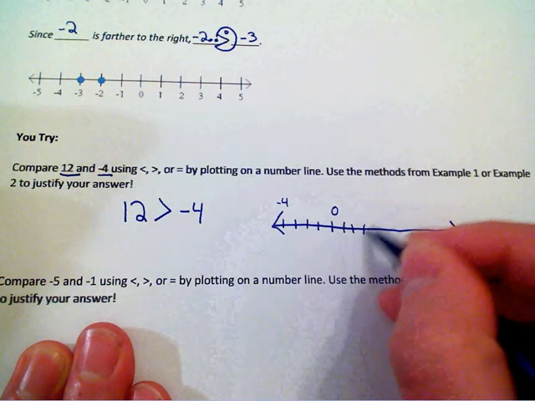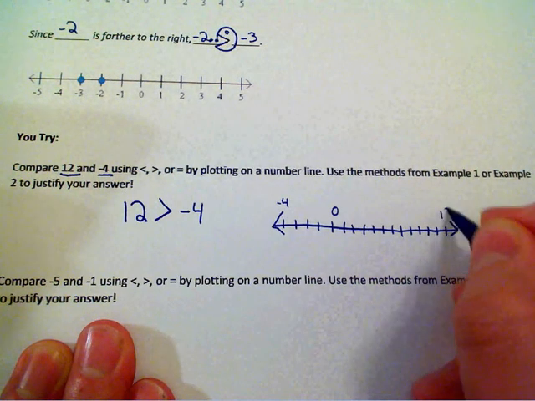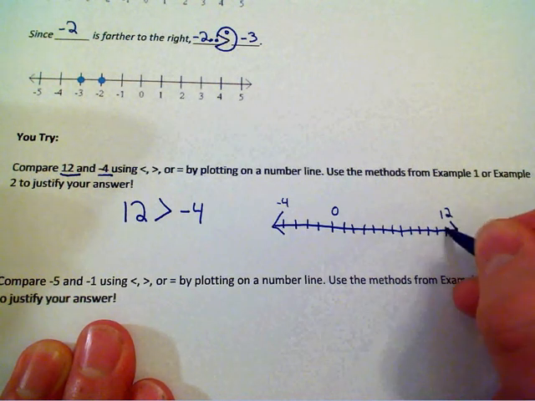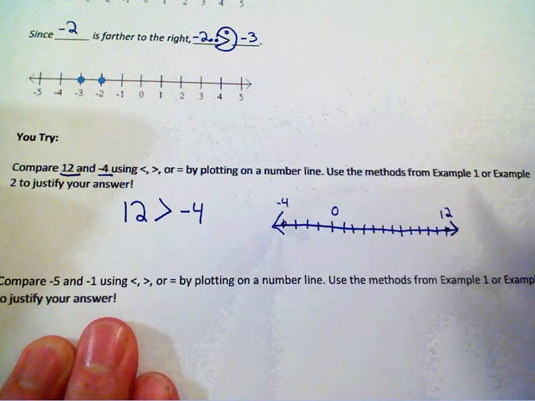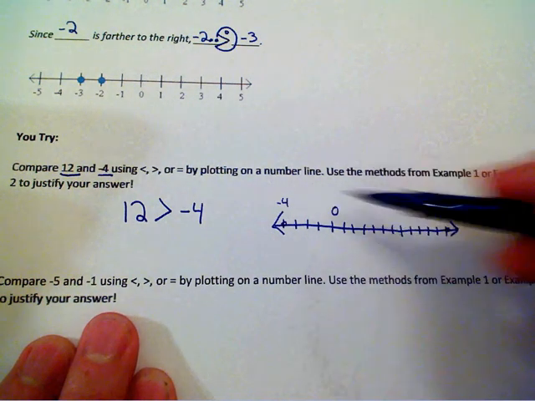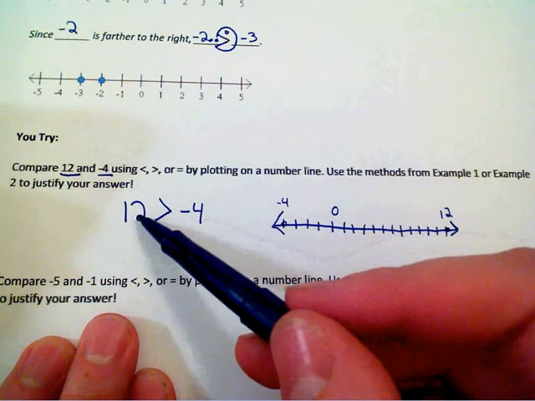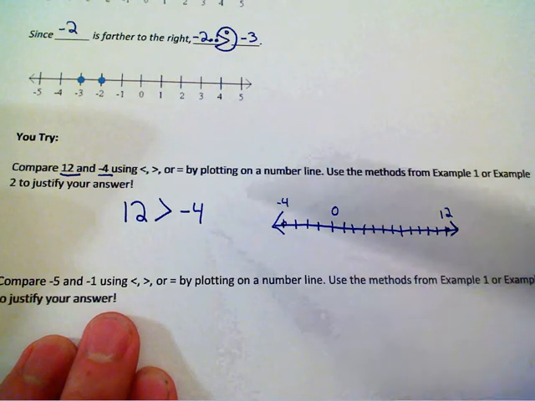Counting 1 through 12, 12 is all the way over here on the right. So I know that is a much larger number because 12 is much further right on the number line, and a positive number is always greater than a negative number.